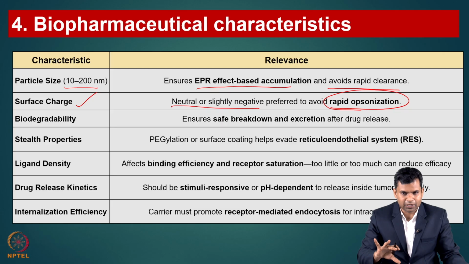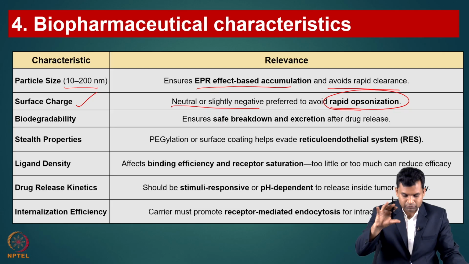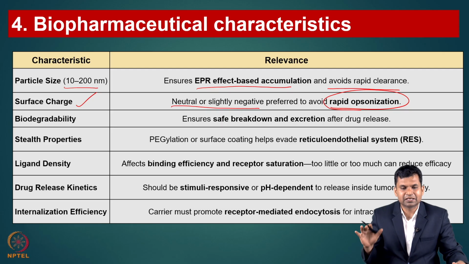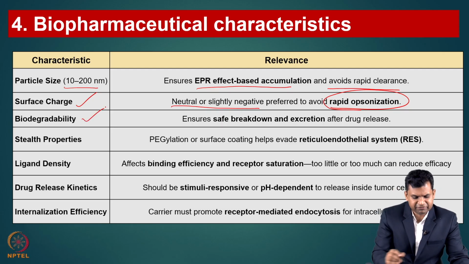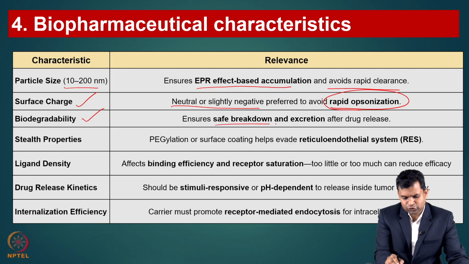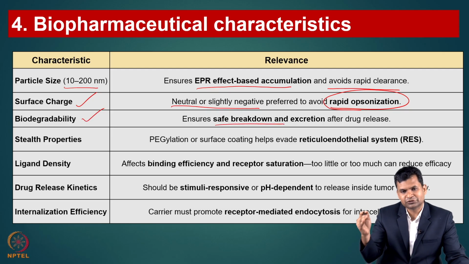To avoid opsonization, your carrier should be slightly negative or neutral in charge. Biodegradability is very important, because your polymer should be degradable so that it can be cleared through the excretion process after the drug release.